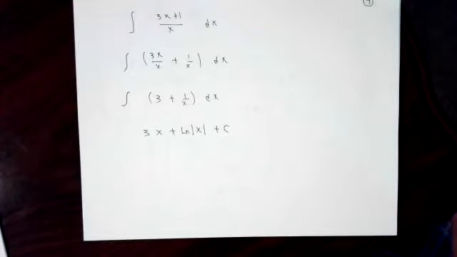All I need to do to find the desired antiderivative is to integrate 3 and integrate 1 over x and add the results together. So you would end up with 3x plus natural log absolute value of x plus the constant of integration. We didn't bother with the c when we were doing our applications because our integrals were all definite integrals and the constant of integration would have canceled out anyway.